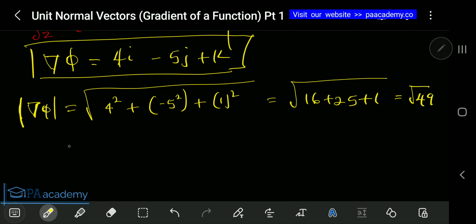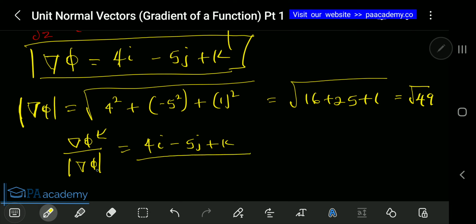Okay, so now we can go ahead and look for the unit normal vector, which the formula again is grad phi over the magnitude of grad phi. So we've gotten the first one, which is 4i minus 5j plus k over, we've also gotten this, which is what we're having here, square root of 49.